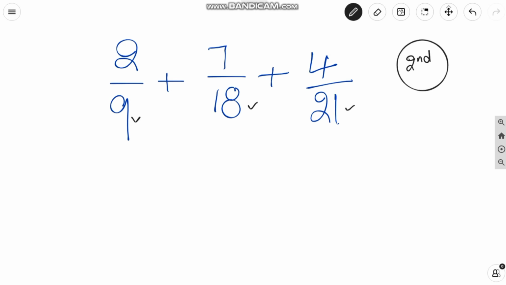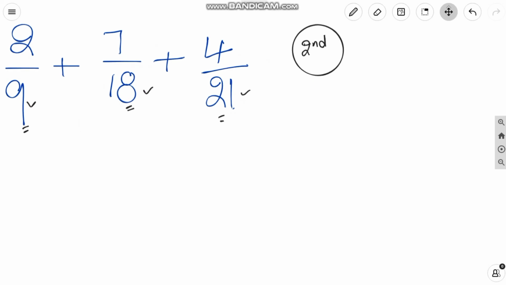So let's take the LCM of these three numbers. The first number is 9, the second one is 18, and the third one is 21. That is 3 3s the 9, 3 6s the 18, and 3 7s the 21. 3 1 the 3, 3 2 the 6, and 7 will remain as it is. 1 will remain as it is, and 2 1 the 2, and the 7 will also remain as it is.